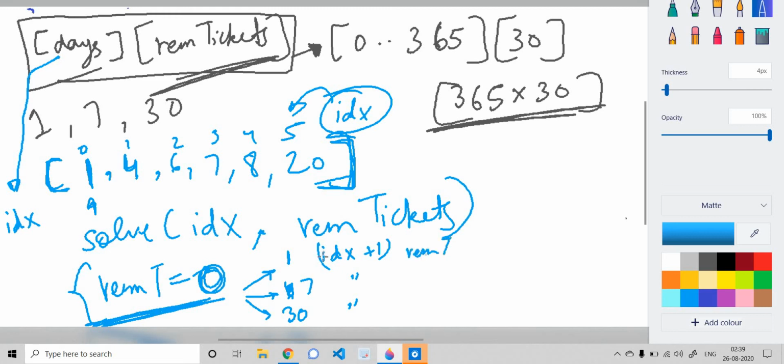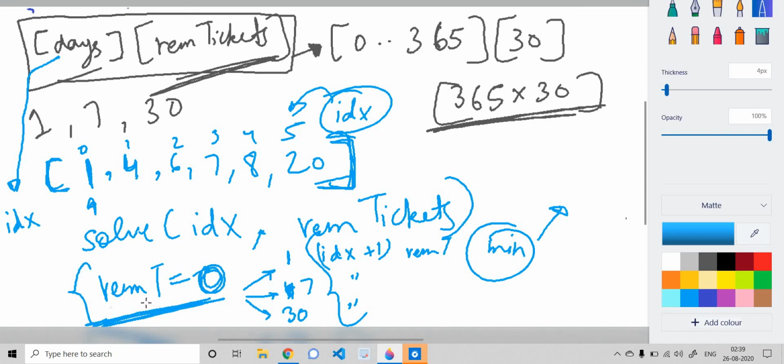Remaining tickets will also be updated according to the type of pass we are buying. I will explain it using my code, and we will take the minimum out of these 3 calls. We'll store our answer here because we want to find out the minimum cost.